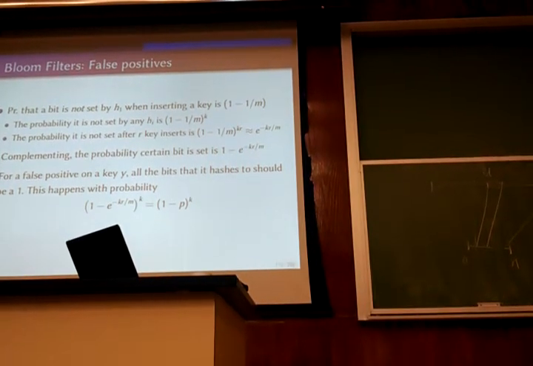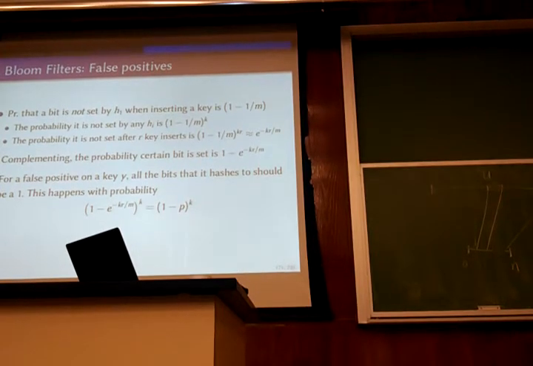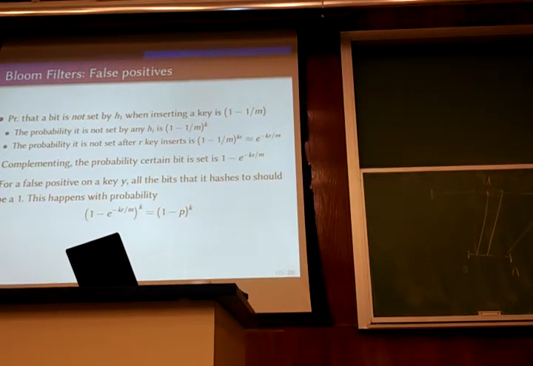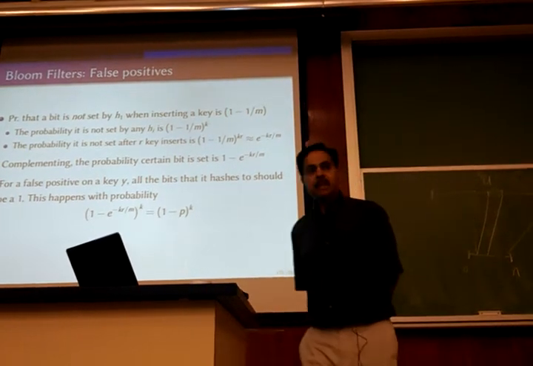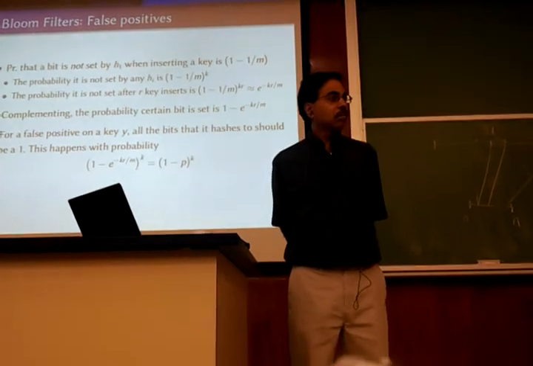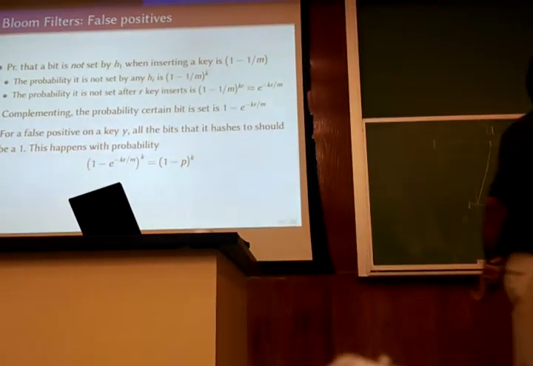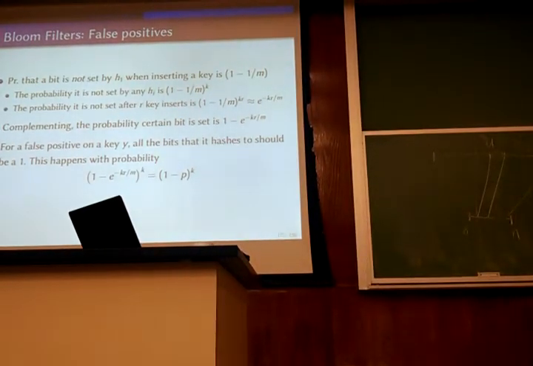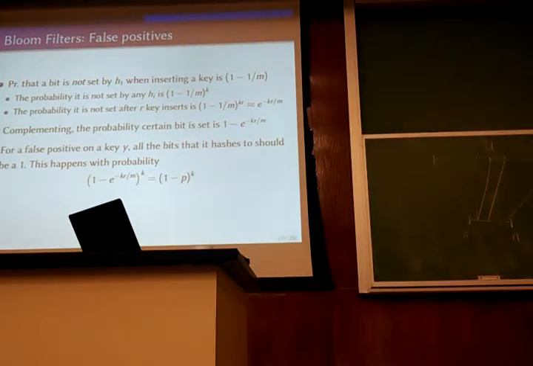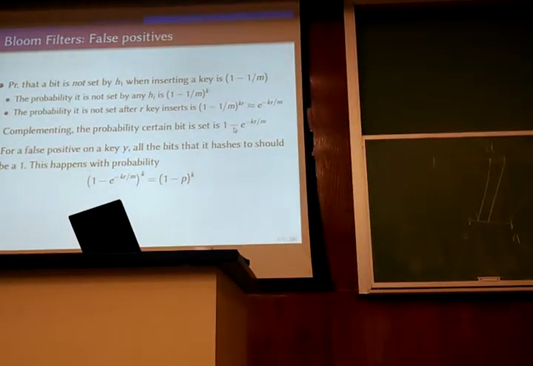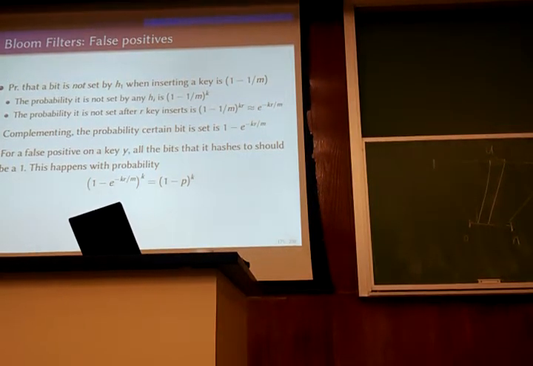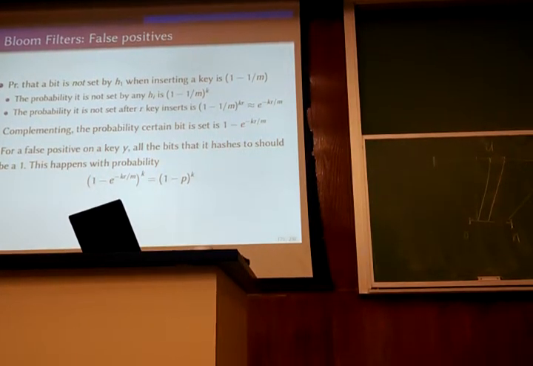If you want to compute the false positive probability on a key y, the key y is going to examine k positions in the bit vector, and all of those k positions must be set to 1. That's when you're going to have a false positive. We already calculated that the probability that any one bit is set after r keys have been inserted into the table is 1 minus e to the power minus kr by m.